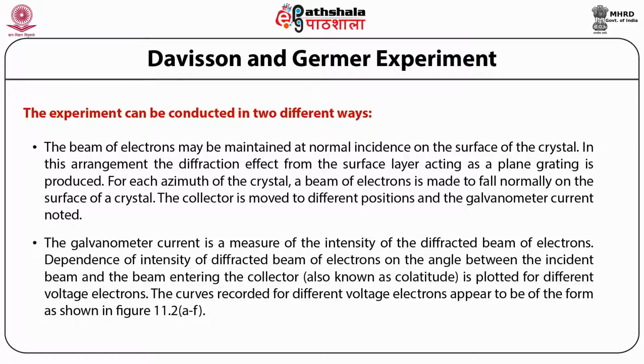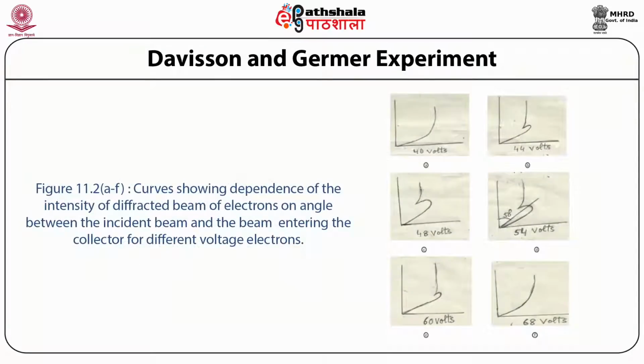The curves recorded for different voltage electrons appear to be of the form shown in figure 11.2 A to F. Figure 11.2 A to F shows curves of the dependence of the intensity of the diffracted beam of electrons on this angle for different voltage electrons: 40 volts, 44 volts, 48 volts, 54 volts, 60 volts, and 68 volts.